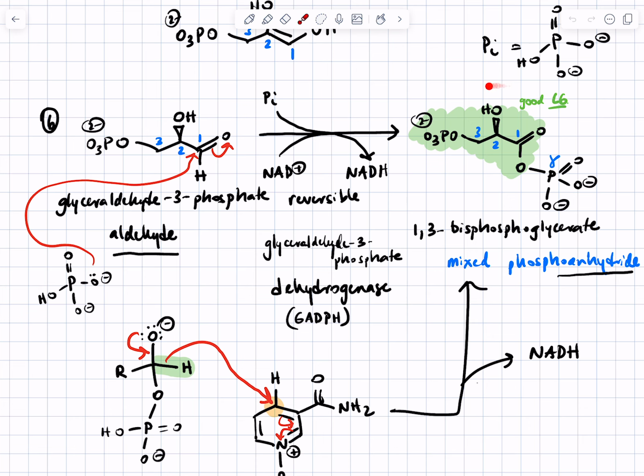And you end up with this 1,3-bisphosphoglycerate. You've got a phosphoester on carbon 3, but that's a more stable bond than the phosphoanhydride that is on carbon 1. Okay?